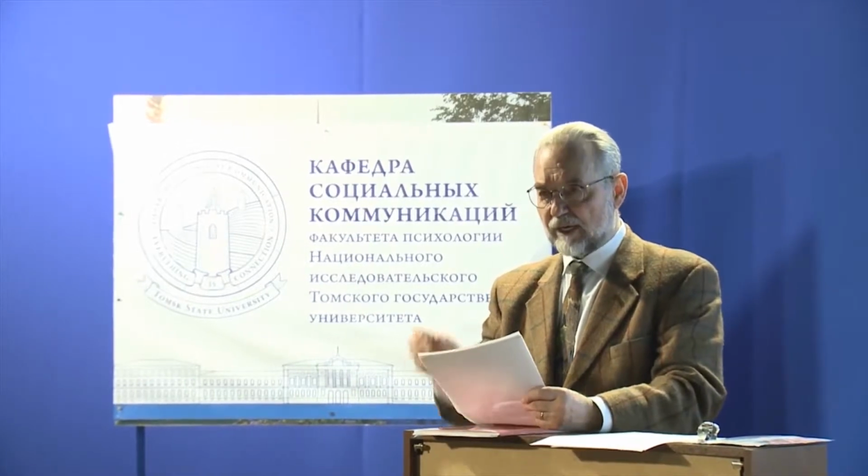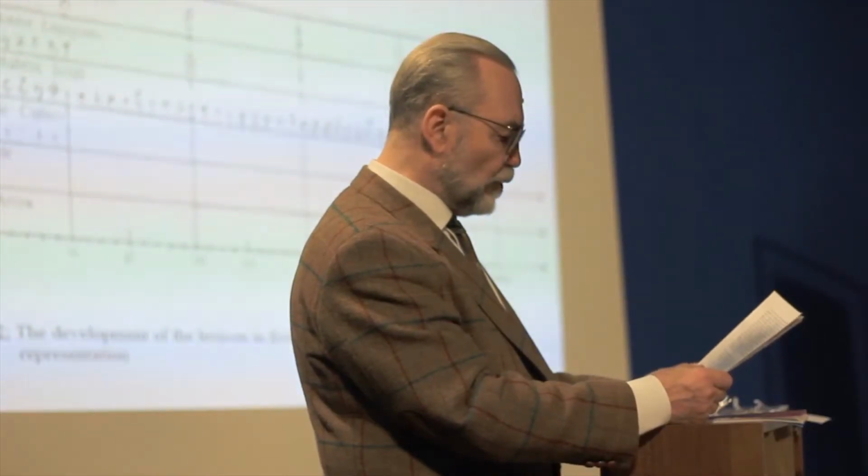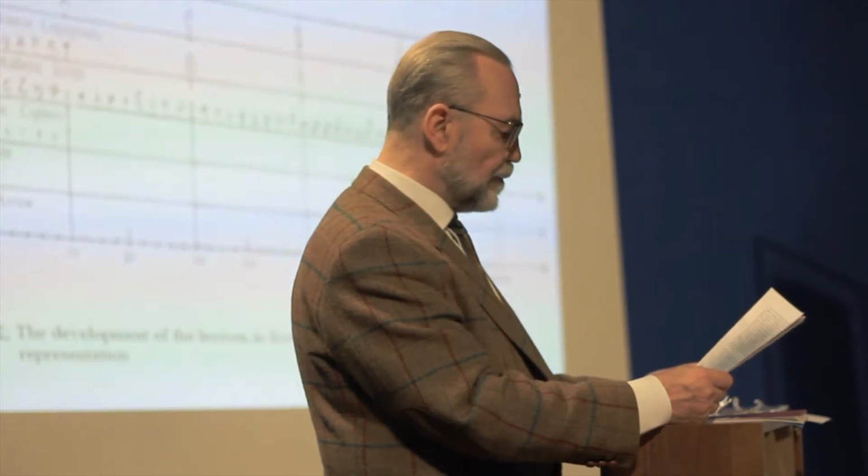So you have up to 9 repetitions of this mark for the first 9 numbers. For the number 7, for instance, the sign for 1 was written 7 times. For 400, the 100 sign was written 4 times.